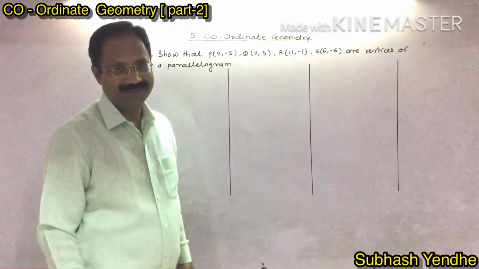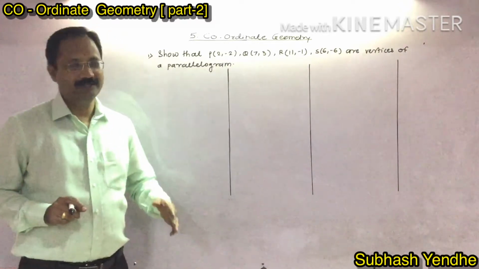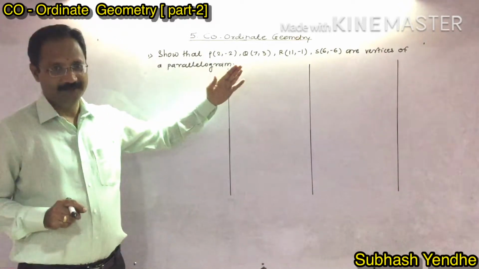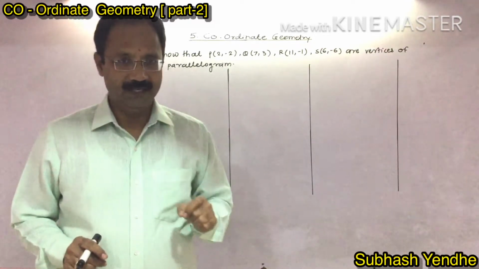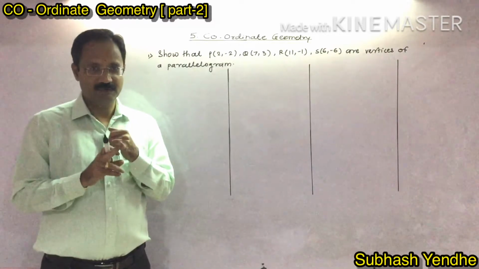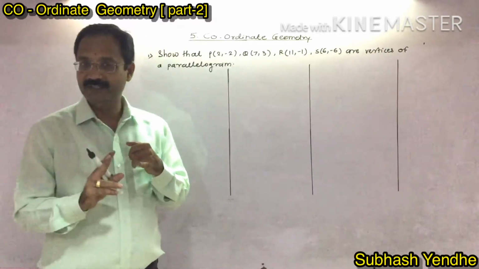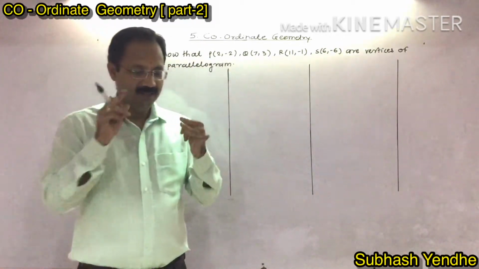Hello students, today we are going to start the second part of coordinate geometry. We have seen the distance formula. First, its use is to find the distance between two points.